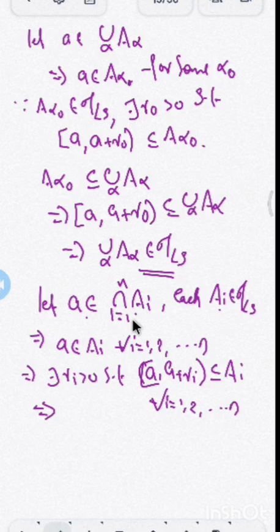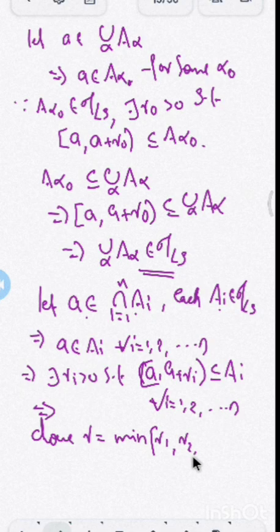You know that the intersection is the smallest set contained in every set, correct? So we want a smallest r. For that we choose r equal to the minimum of r_1, r_2, etc., r_n. Then r will be greater than 0 and r is the smallest among all of these.